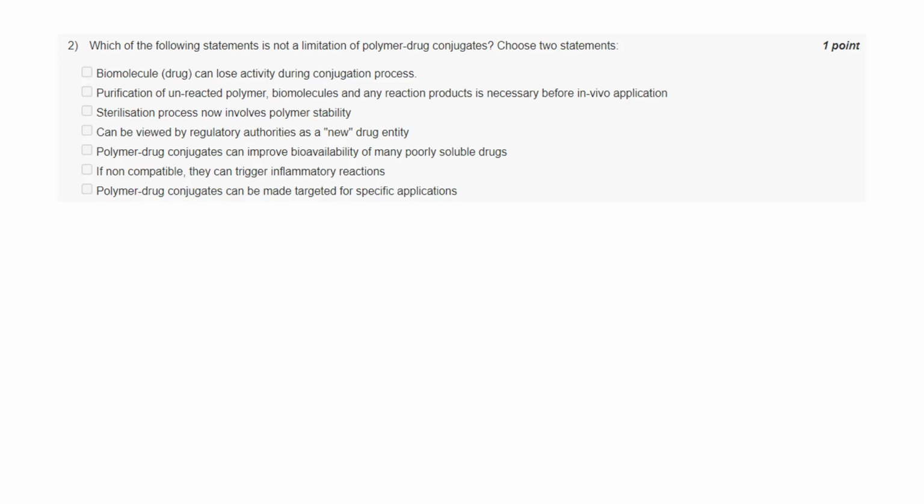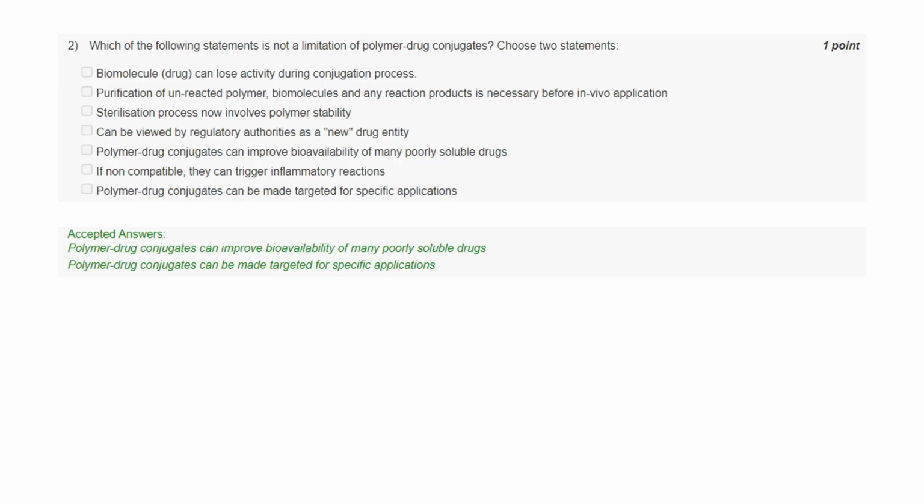Anybody has any other answer apart from option 5 and 7? Okay, so I'll just display the answer. So yeah, whoever answered option 5 and 7 is the correct one.